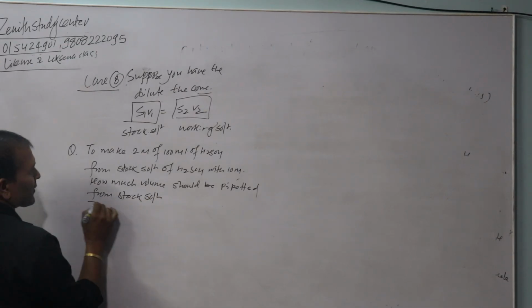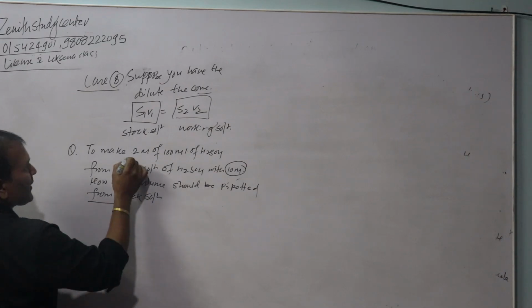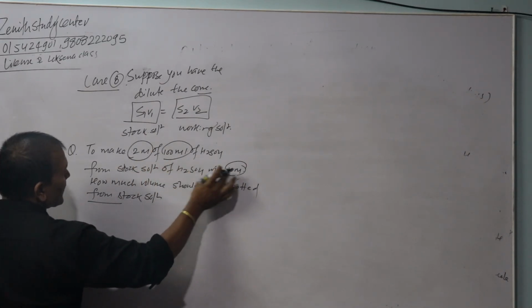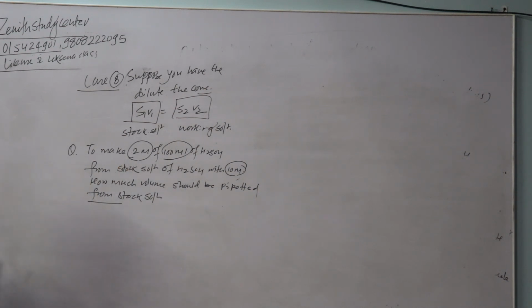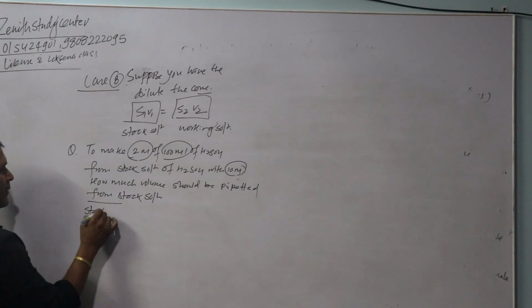So at the dilution, we have a stock solution of 10 molar. We have to make 2 molar of 100 ml. So 10 molar to 2 molar, so it is a dilution. We use the dilution equation. Firstly, what is the concentration of the stock solution?